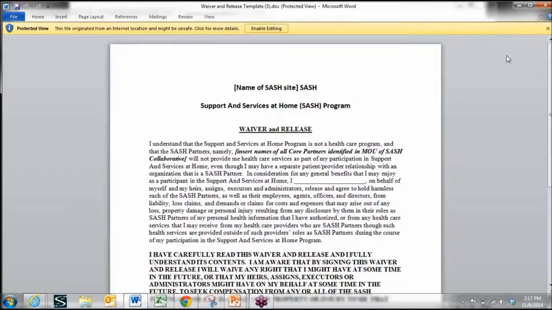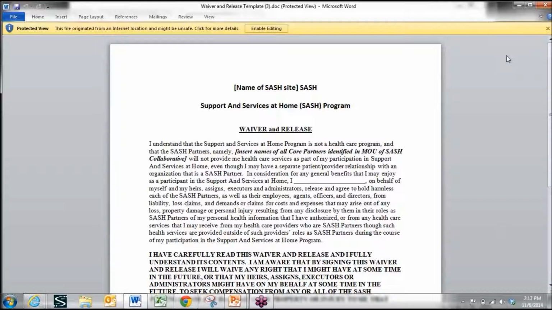Now, the reason that lawyers felt that we needed to have this waiver and release signed by our participants is because some of the organizations that are part of the SASH partnership are indeed healthcare organizations, such as the Mental Health Agency and the Home Health Agency.